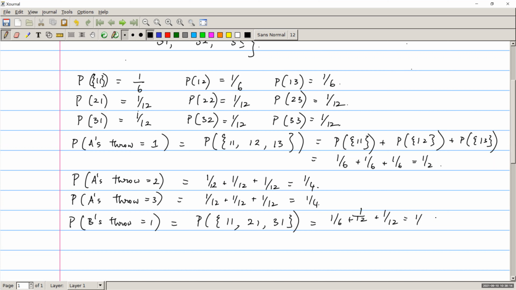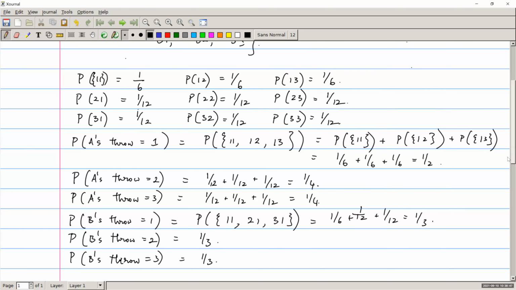It is 1/3. Very good. What is the probability B's throw is 2? Same story. What's the probability B's throw is 3? Same 1/3. Very good. So everyone sees how to do these calculations.